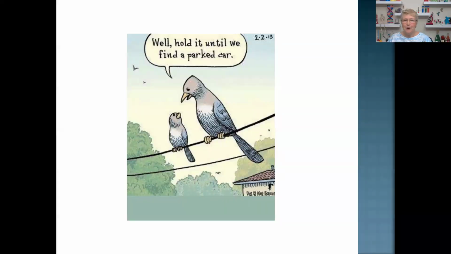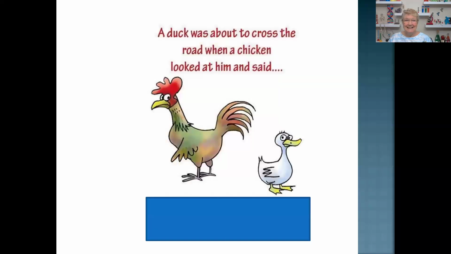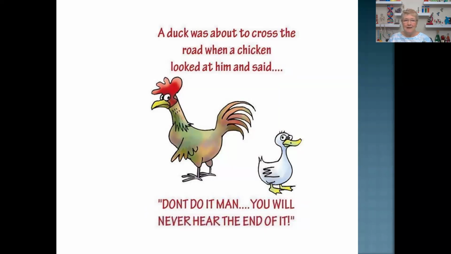Well, hold it until we find a parked car. Sadly, it does seem like they do that, doesn't it? All right, when should you buy a bird? When it's cheap. Why did the bird get a ticket? Because it broke the law of gravity. How about this one? The duck was about to cross the road when the chicken looked at him and said, "Don't do it, man. You'll never hear the end of it."